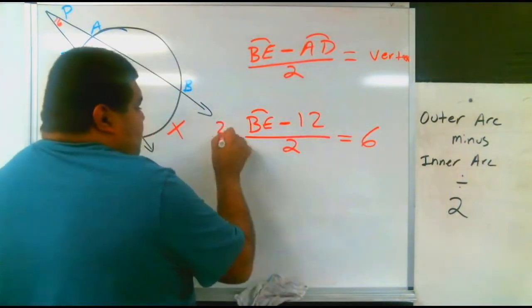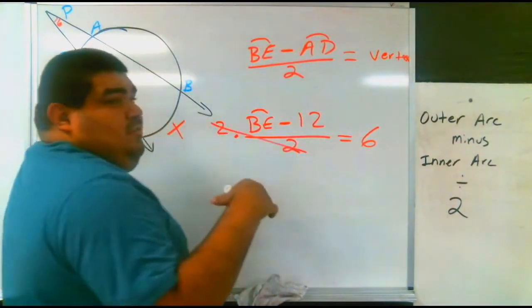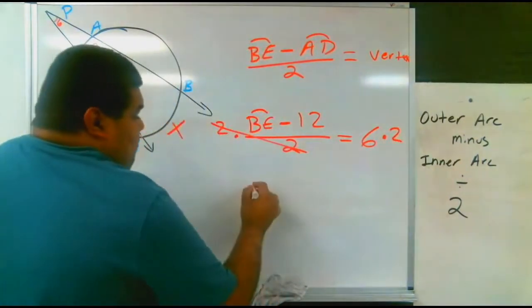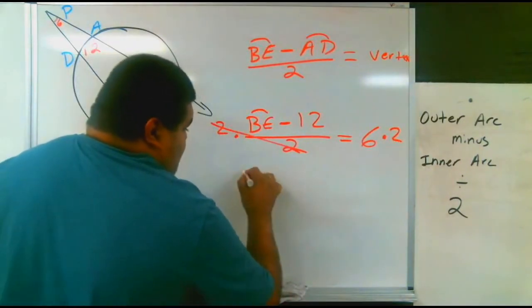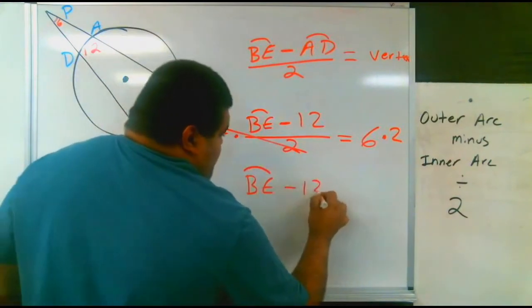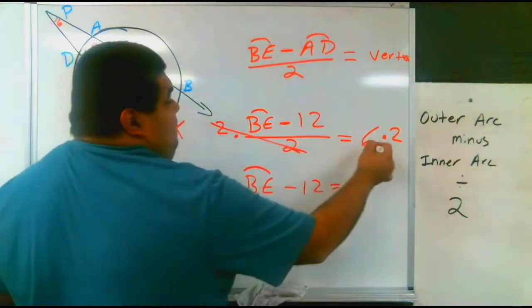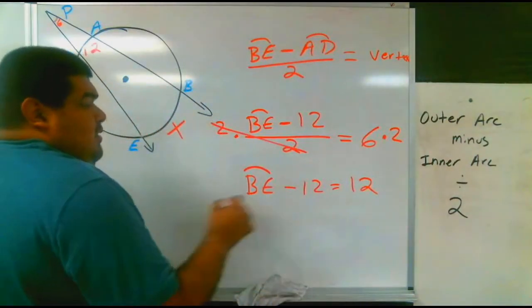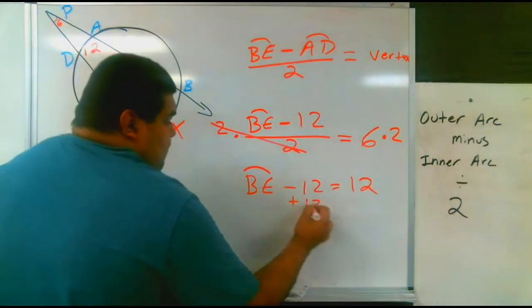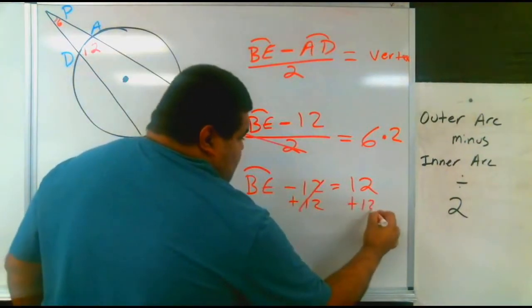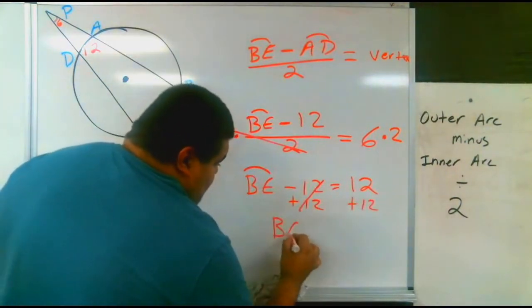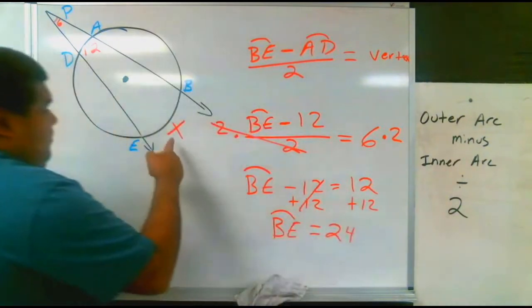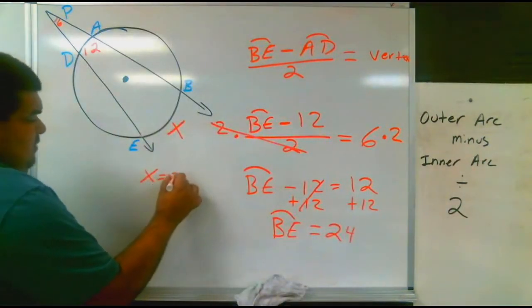We multiply by 2, and it cancels out. Whatever you do to one side, you have to do to the other. So we're left with arc BE minus 12 equals 6 times 2, which is 12. We add 12 to leave BE alone. So arc BE equals 12 plus 12, which is 24. So x equals 24.